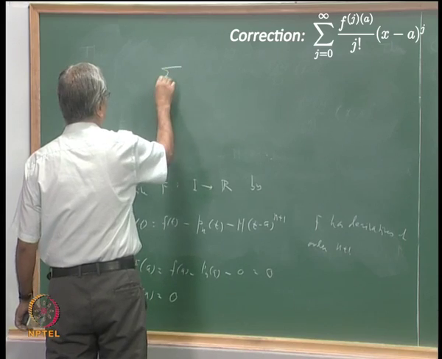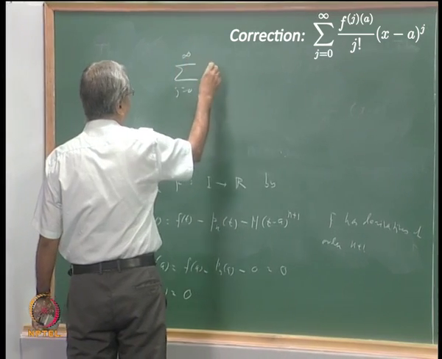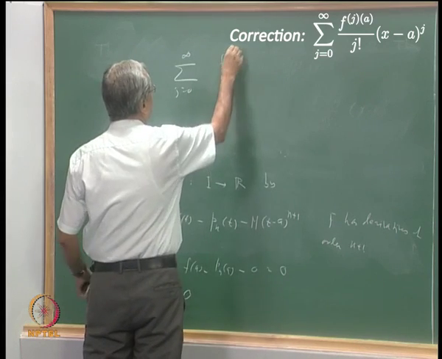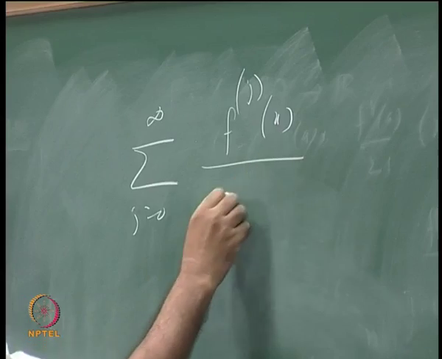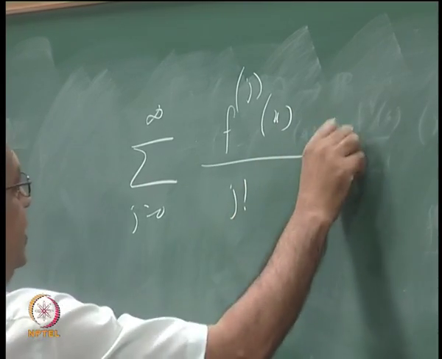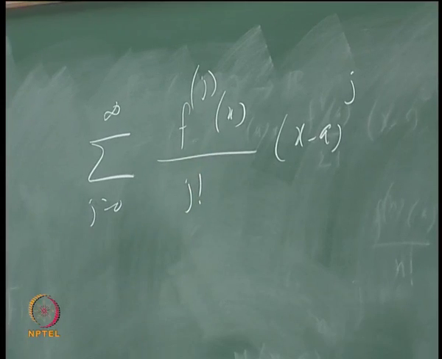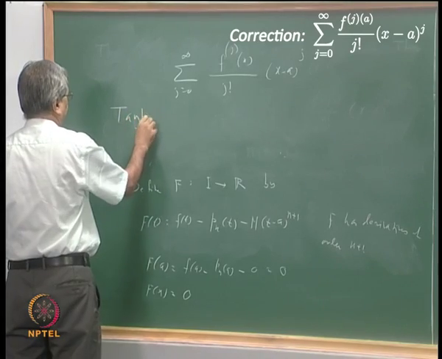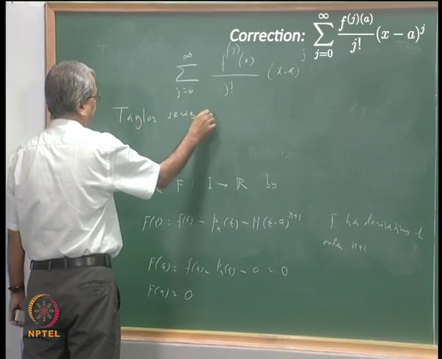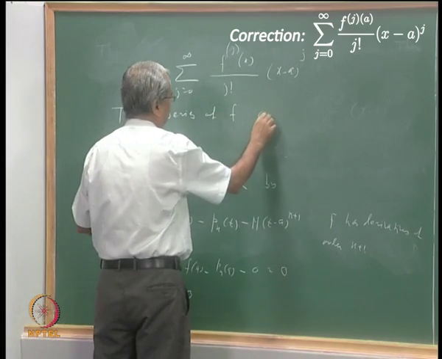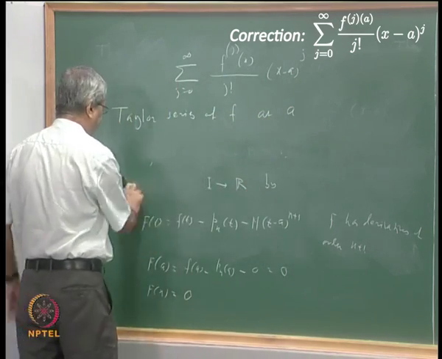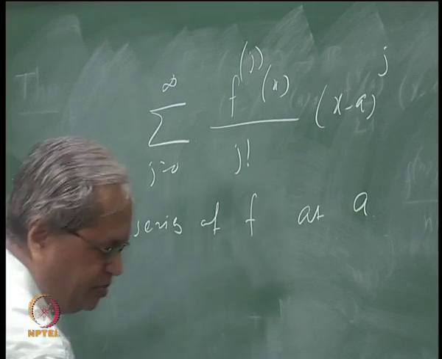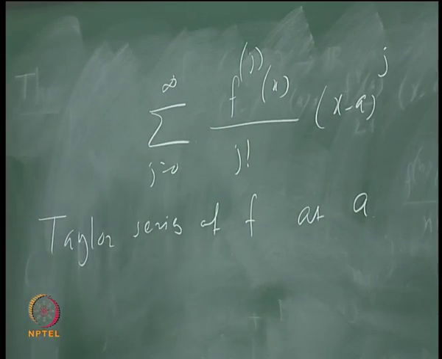It is sigma j going from 0 to infinity f j a divided by factorial j and multiplied by x minus a to the power j. This is what is called the Taylor series of f at a, some books also call it around a or about a, but those are basically just matters of preference of different authors.